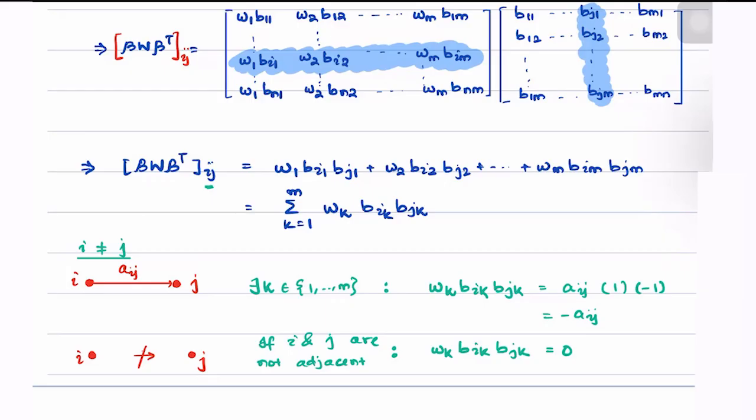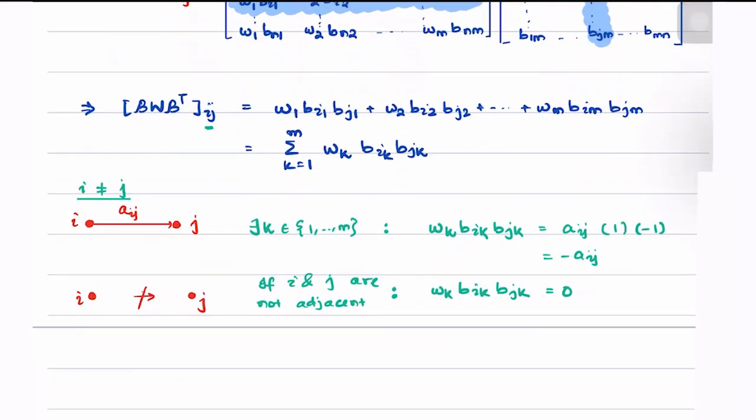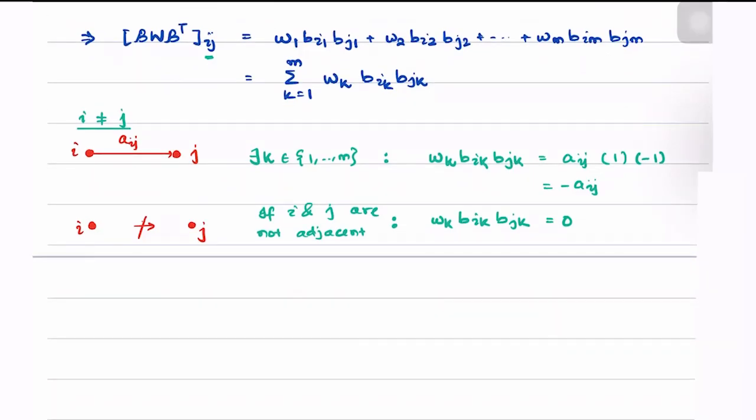So meaning now we can write the following. B W B transpose, its ijth entry given by summation of k going from 1 to m, wk, bik, bjk. Without loss of generality, we can write minus of aij, where if there does not exist an edge, aij is simply equal to 0. So this is what happens when I is not equal to j.